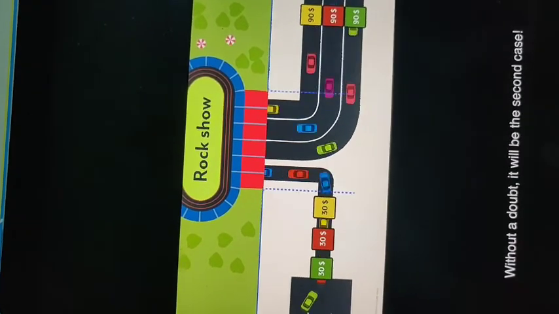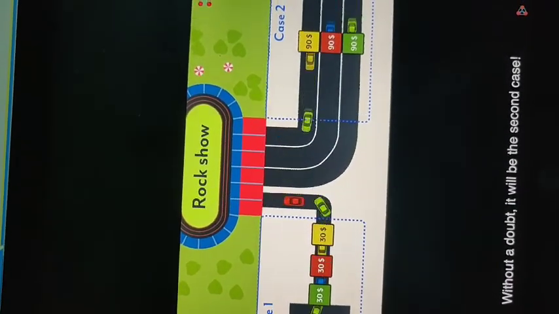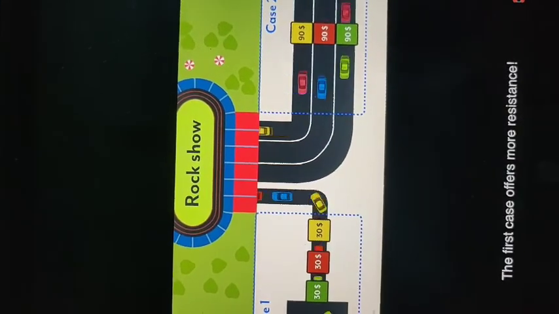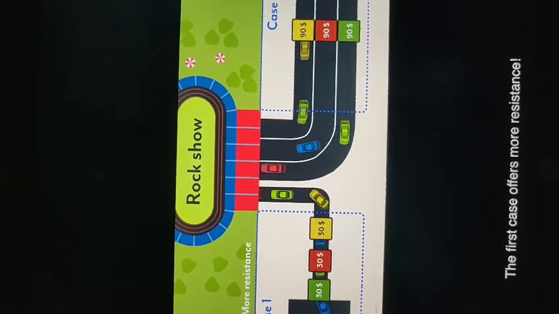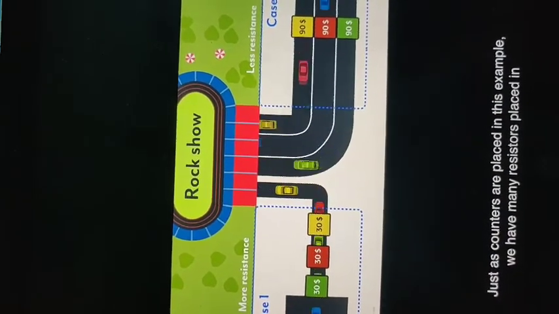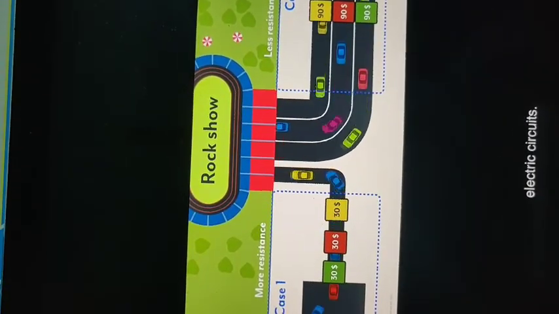Without a doubt, it will be the second case. The flow of people will be faster as there's no bottleneck. The first case offers more resistance. Just as counters are placed in this example, we have many resistors placed in electric circuits. When resistors are placed like this, we say that they are connected in series. And when they are placed like this, we say that they are connected in parallel. The words explain it all.